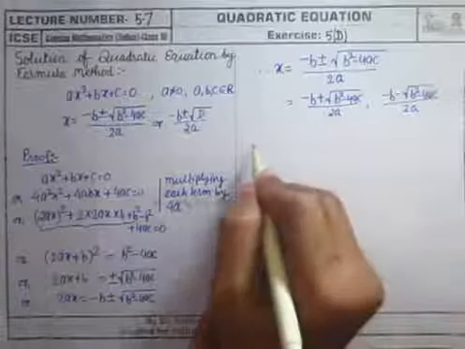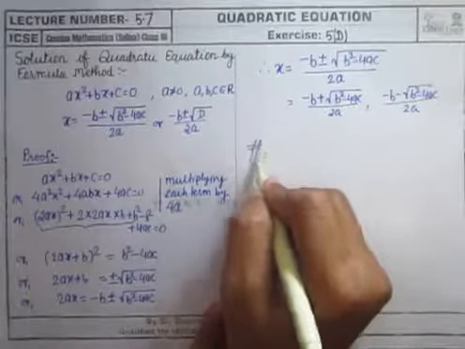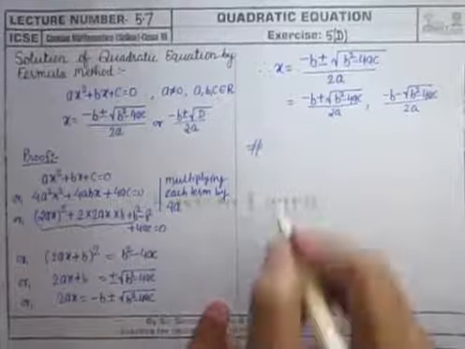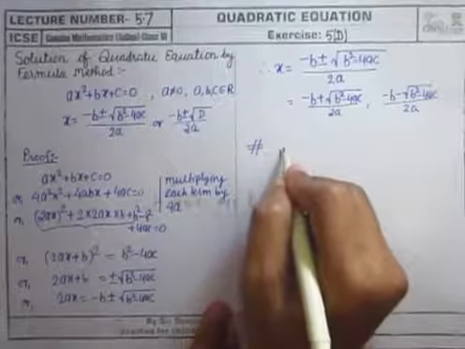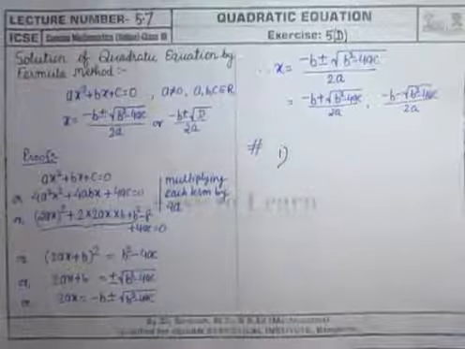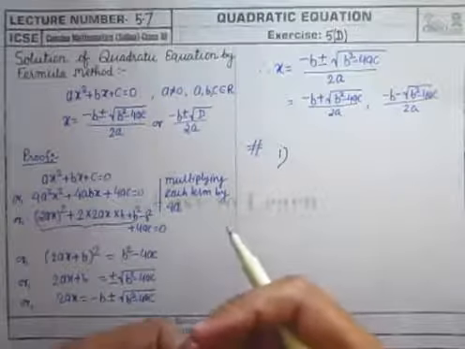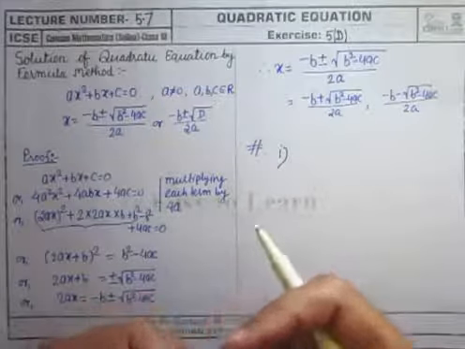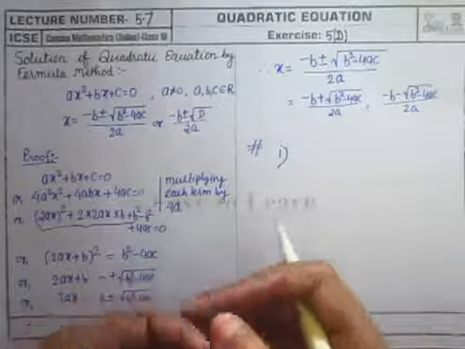Now some extra points that you have to mark. First, generally you will be asked to write the answer up to 1 decimal place or 2 decimal places or 3 decimal places.